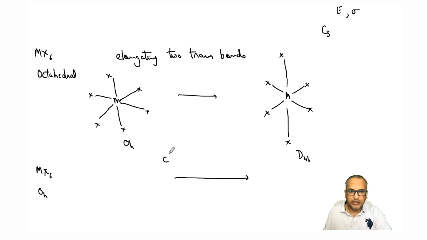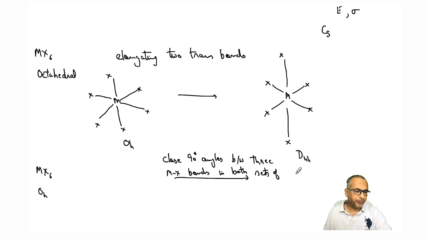So it says close 90-degree angles between three MX bonds in both sets of cis related positions. So it is a little tricky to understand what the question is asking.